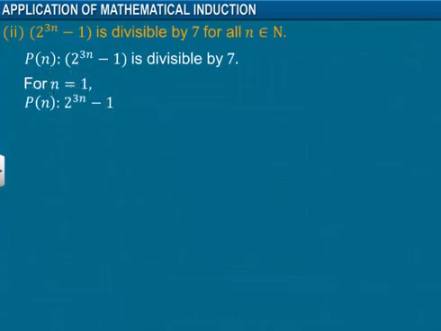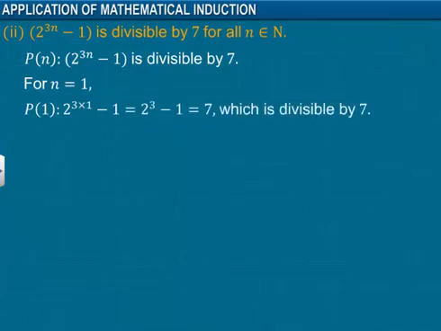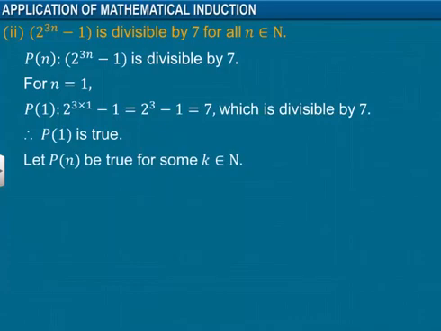On replacing n with 1 in the statement, we get 7, which is divisible by 7. Therefore, P of 1 is true. Let the statement P of n be true for some k belongs to n. Therefore, 2 raised to the power 3k minus 1 is divisible by 7. Let this be equation 1.